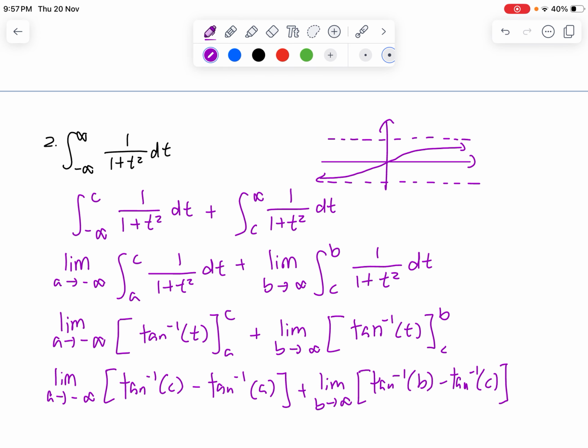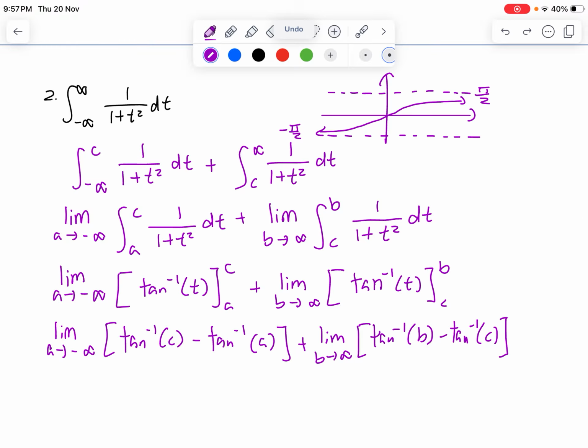The range is limited. Towards negative infinity, it approaches negative pi over 2, and towards positive infinity, it approaches positive pi over 2. So in this case, as a approaches negative infinity, tan inverse approaches negative pi over 2.